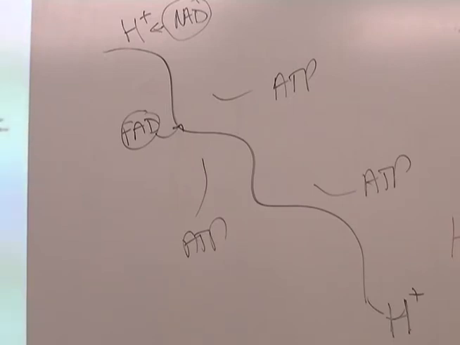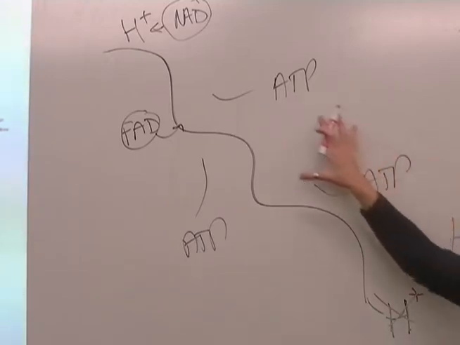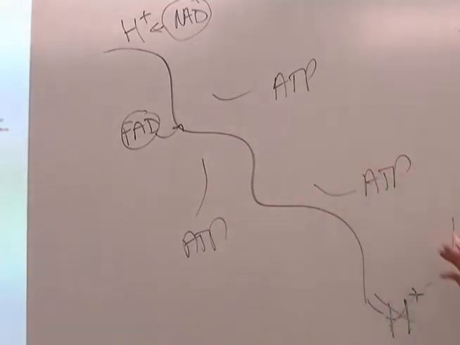Okay? If I don't have oxygen available, this can't work, because I just build up an acidic environment again. So the only way to make the large amounts of ATP is to have enough oxygen piling into the cell that it can pick up all these hydrogens and turn them into water. Does that make sense?